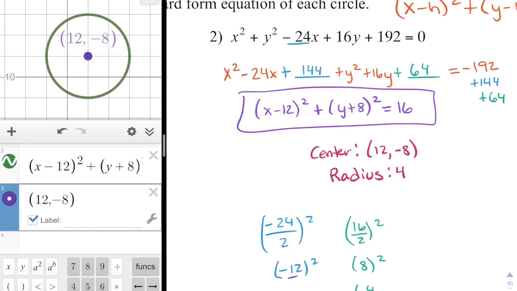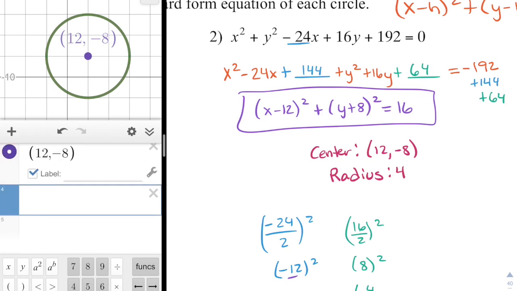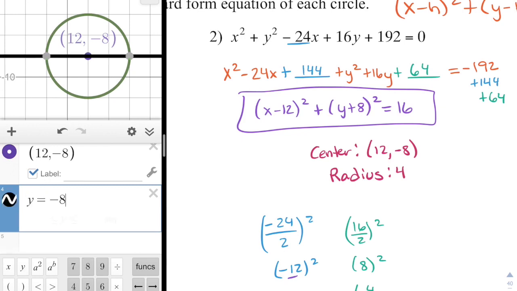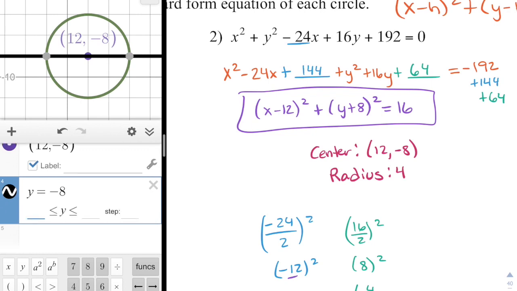And because these grids are counting by 2 units. So there you are. I'll try to graph that one. Looks like it's 12, negative 8, so y equals negative 8. There you go. And let me do a constraint here.